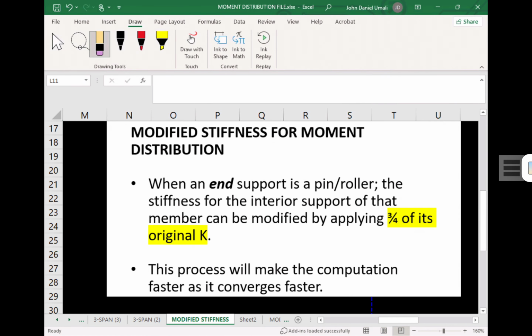You should have, when an end support is a pin or a roller, okay, the stiffness for the interior support of that member can be modified or reduced by applying a factor of 3/4 of its original K or original stiffness.